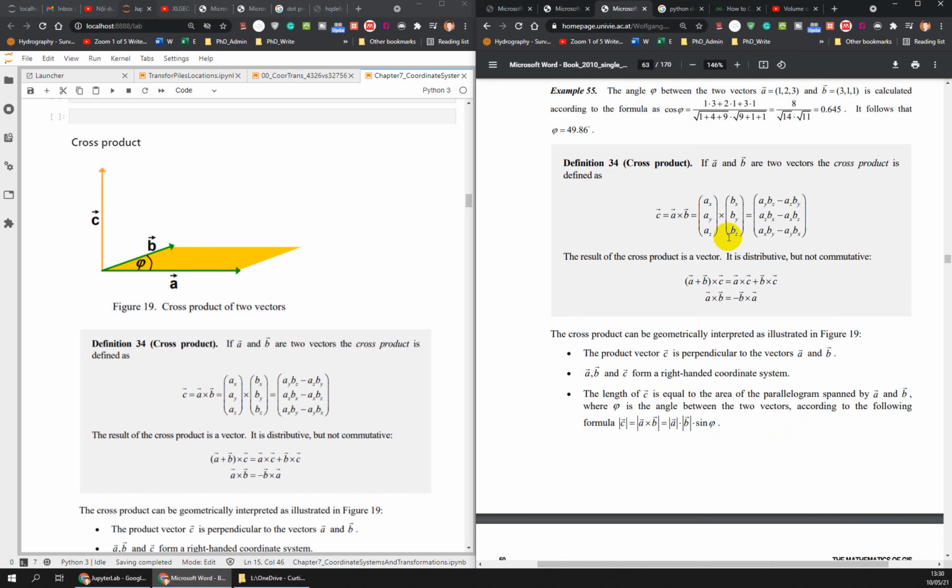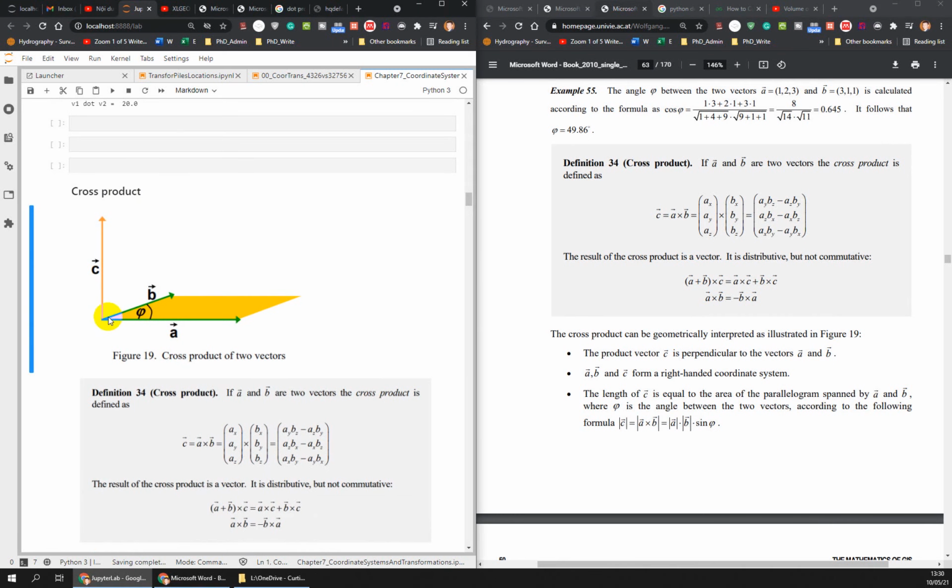And because the cross product is actually a vector, it can be represented in a figure like this. If we have vector A and vector B, we can determine that the cross product of A and B is C. Vector C is perpendicular to vector A and vector B. We can also determine the length of vector C using this formula.